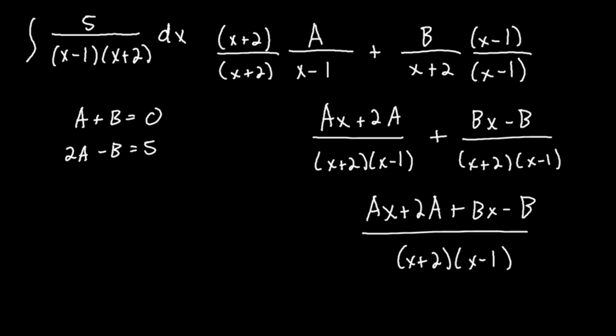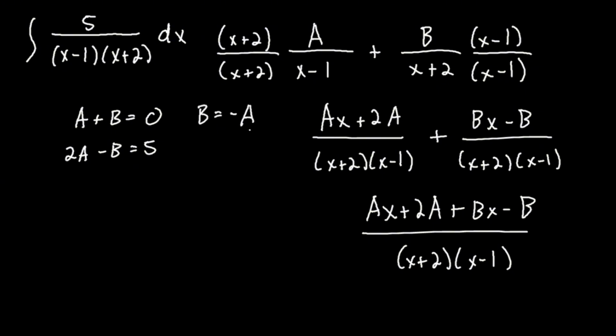So in the end, you should get a system of equations for your partial fraction decomposition. And you can use any technique for this. You can use elimination or substitution. So we'll just say that in this case, A is equal to negative B. So we can substitute. Actually, we can write down B is equal to negative A. That might be easier.